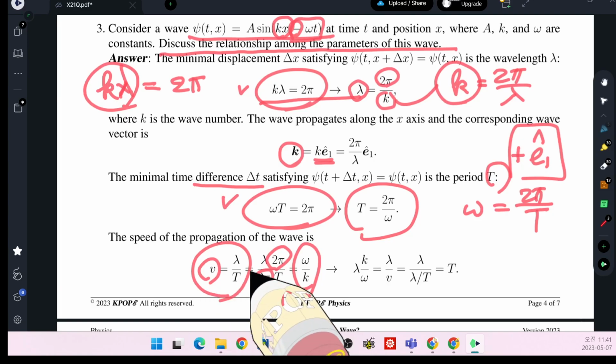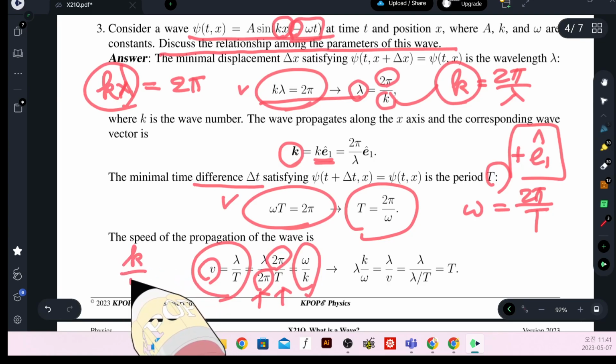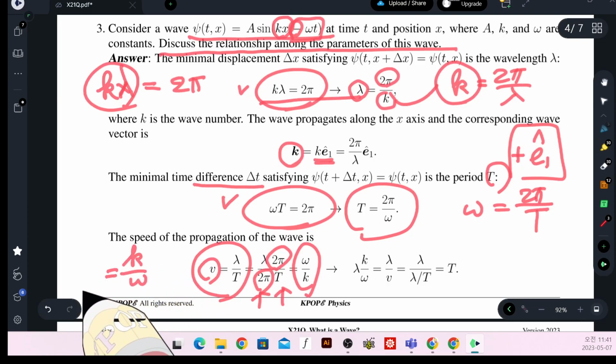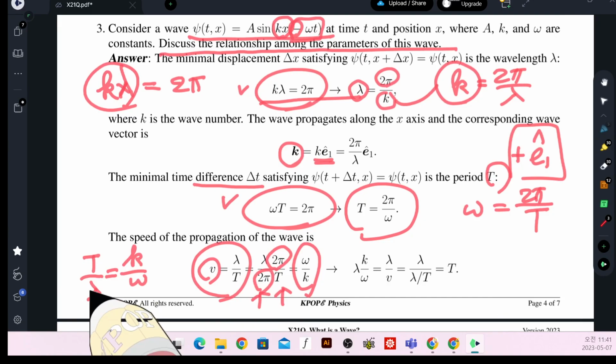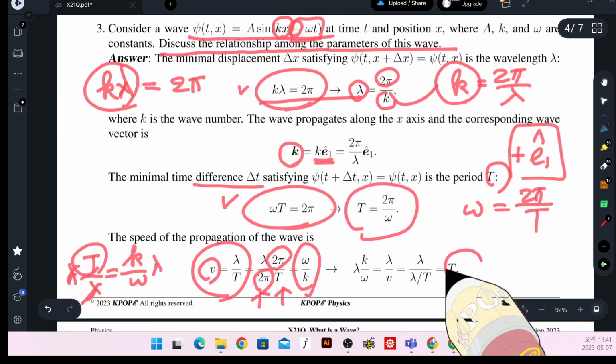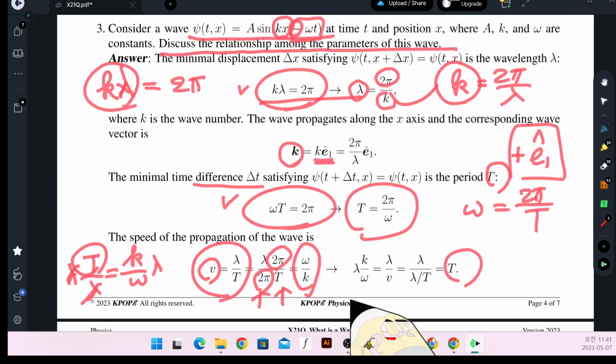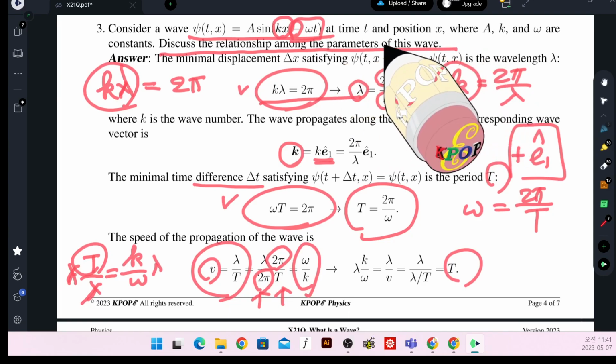We use these, flip the numerator and denominator. Okay, and we multiply by lambda on both sides, so they cancel, to find a period. So we can manipulate these identities to find the various relations among the parameters of this wave.